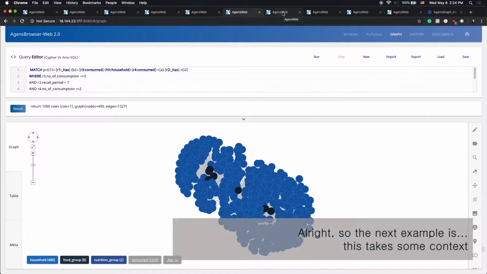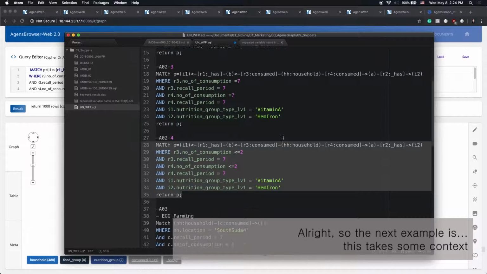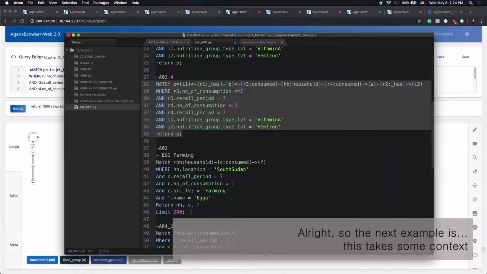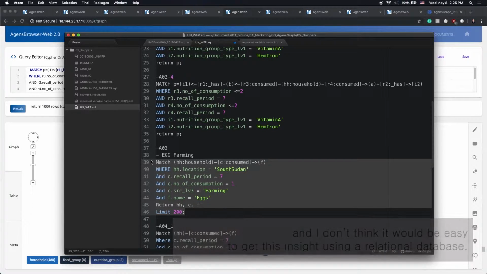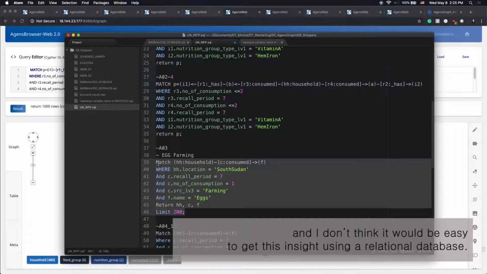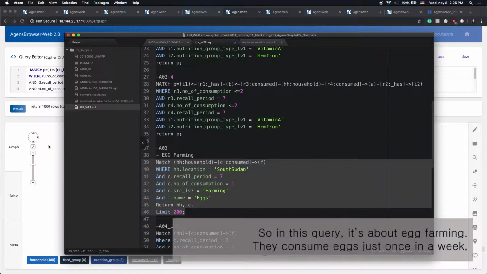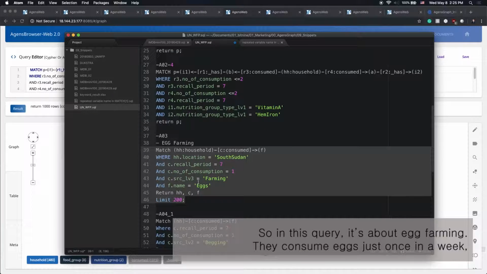All right, the next example takes some context, and I don't think it'll be easy to get this insight using a relational database. This query is about egg farming.